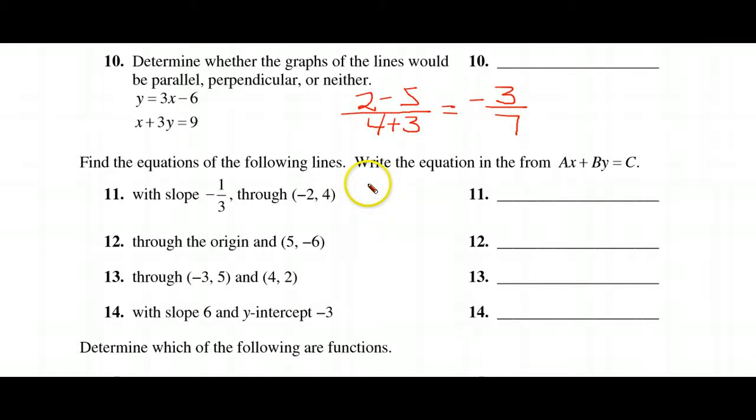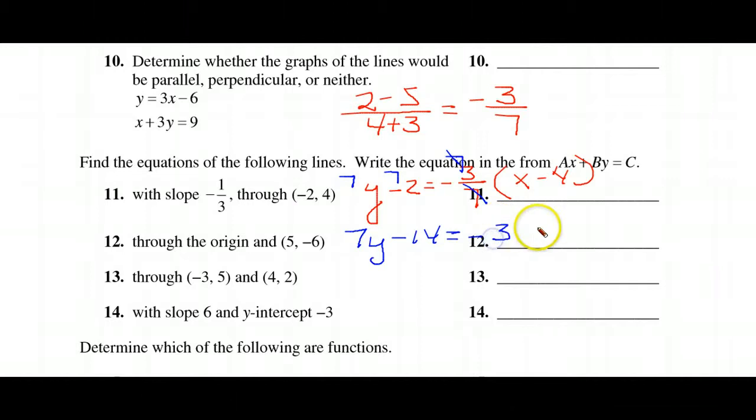So y minus 2 equals a negative 3/7 times x minus 4. Okay, we're going to multiply everything by 7 to get rid of our fractions. So that's 7y minus 14. Here these cancel, equals a negative 3x.